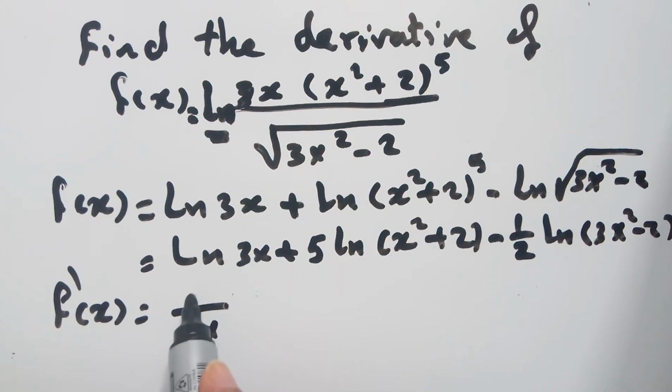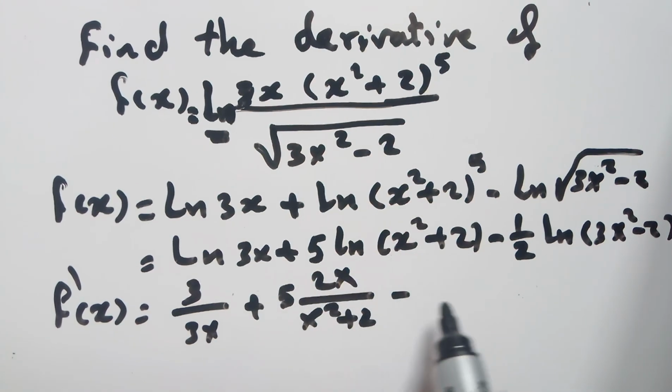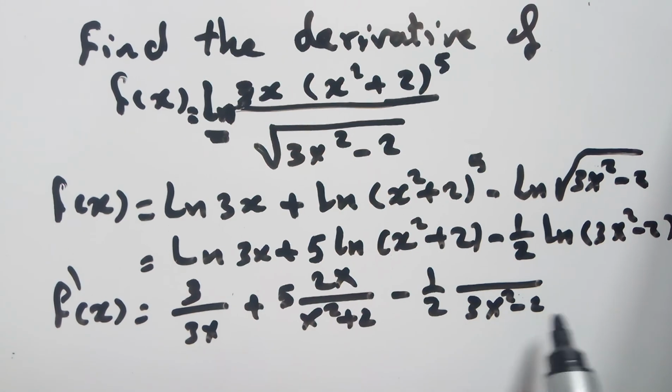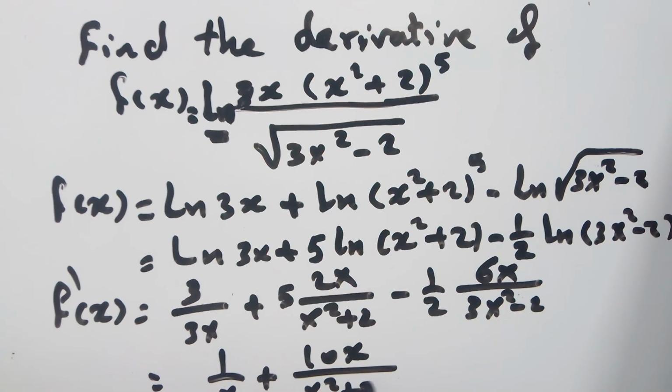Write 3x down and its derivative up, plus 5 constant, multiplied by x squared plus 2 down and its derivative up, 2x, minus half constant, 3x squared minus 2 down and its derivative up, 6x. Then simplify, it will be 1 over x plus 5 multiplied by 2, it will be 10x over x squared plus 2, minus 6 divided by 2, it will be 3x over 3x squared minus 2.